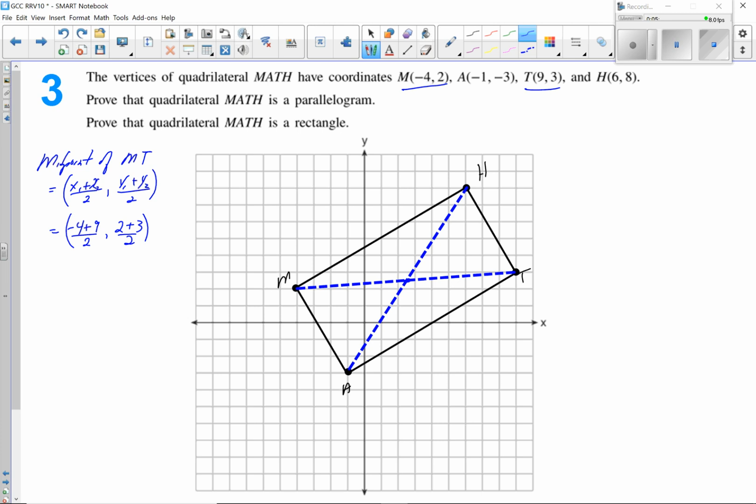When I do this, I get 5 over 2, comma 5 over 2. Or if you used your calculator, you would have gotten 2.5, comma 2.5. Either one is acceptable. It doesn't matter which version you use. All right, for the second one, let's do the same thing. We're going to find the midpoint of AH.